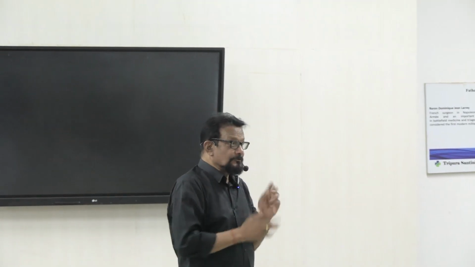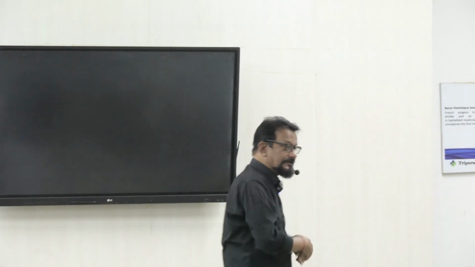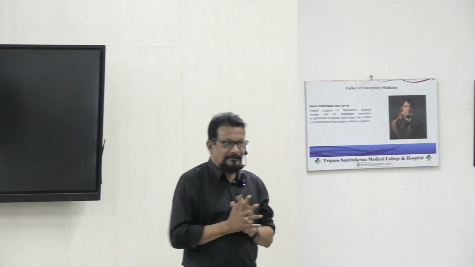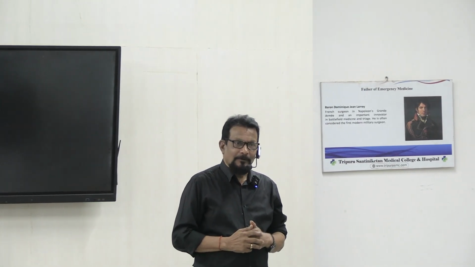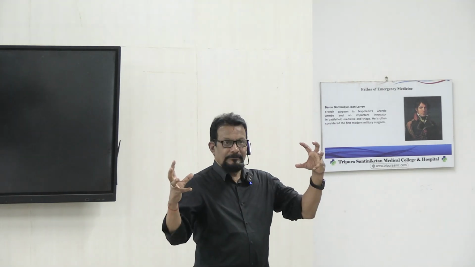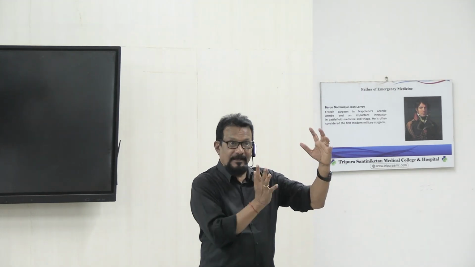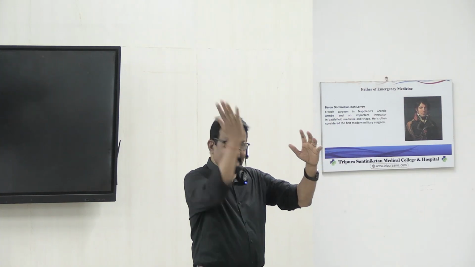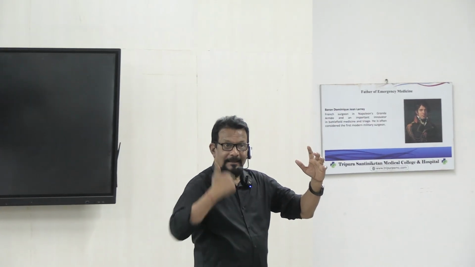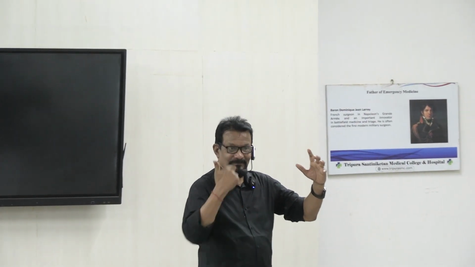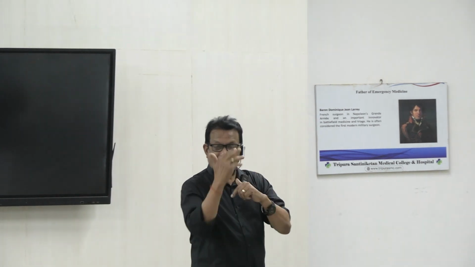Now, we can see in the heart there are 2 syncytia. Can you name them? One is the atria and one is the ventricle. Both these syncytia, atria and ventricle, are separated from one another by fibrous tissue, and this fibrous tissue is present in between the atria and ventricle.